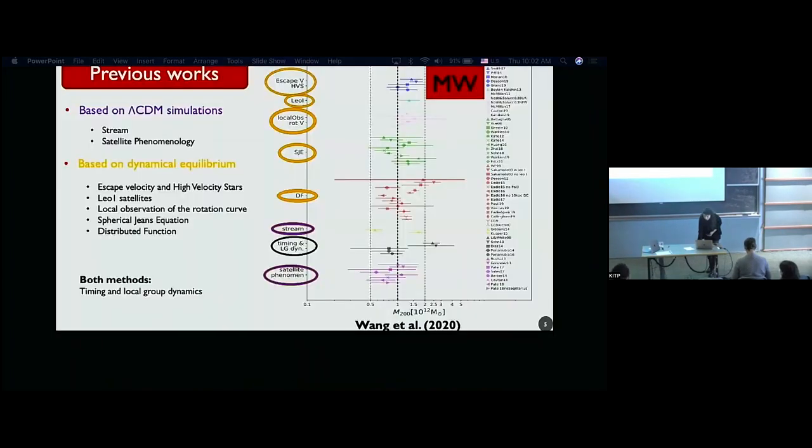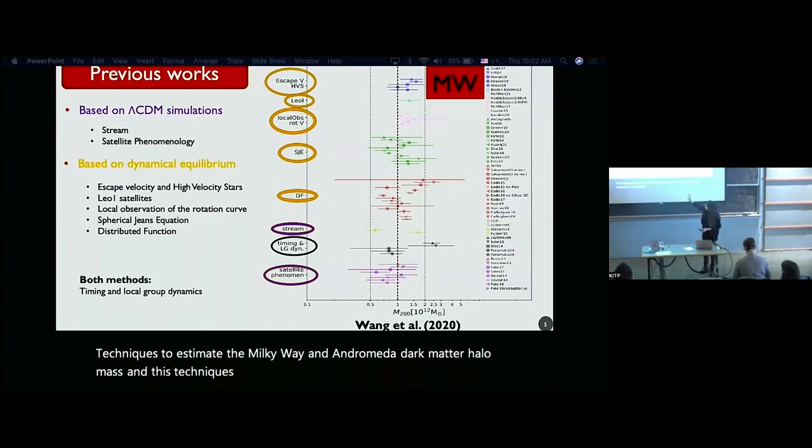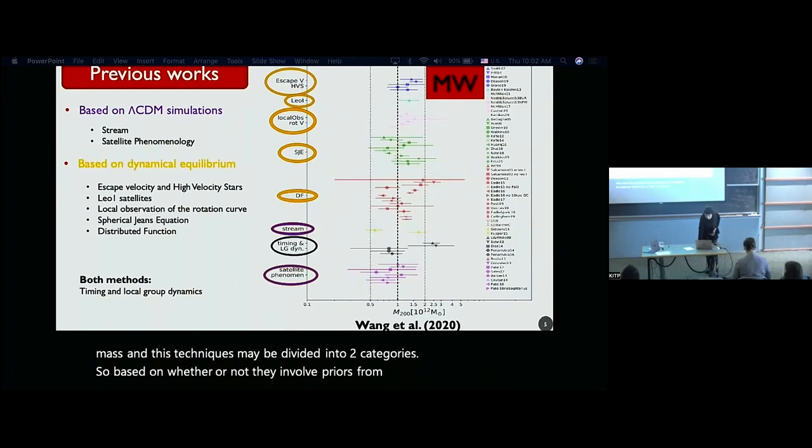Okay, so there have been many techniques to estimate the Milky Way and Andromeda dark matter halo mass, and these techniques may be divided into two categories, based on whether or not they involve priors from Lambda CDM simulation.